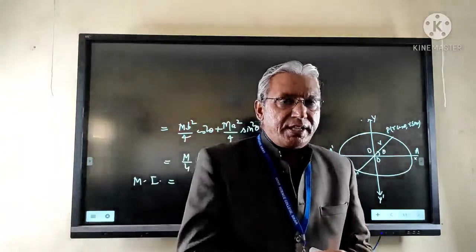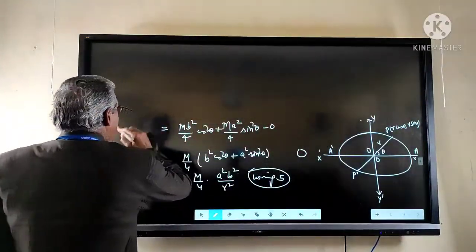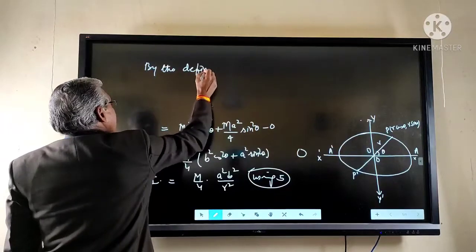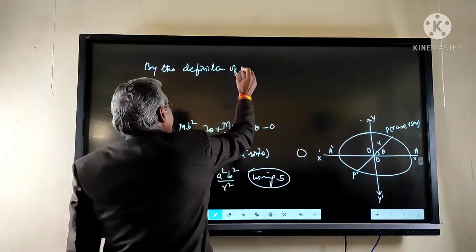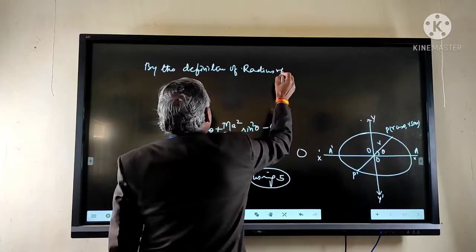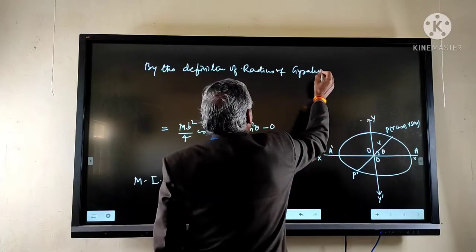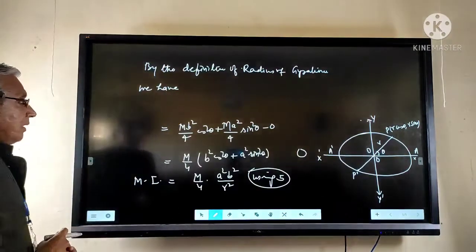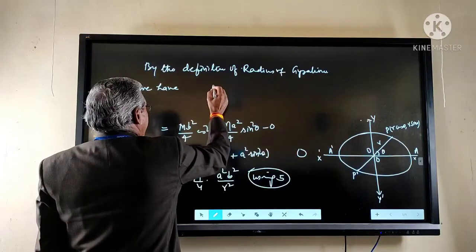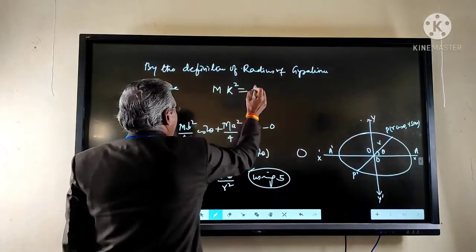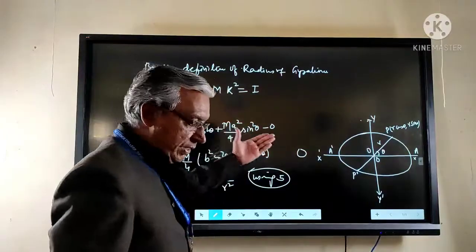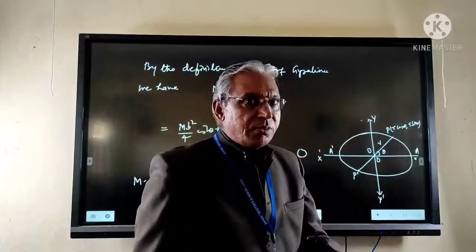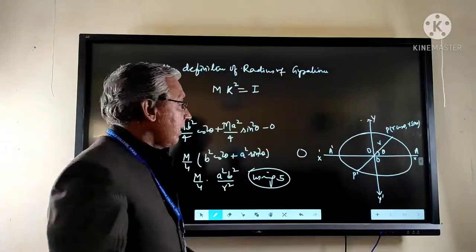Now we have to calculate the radius of gyration. By the definition of radius of gyration, we have m k square equals I, where m denotes the mass of the body and I denotes the moment of inertia of the body, and the quantity k denotes the radius of gyration.